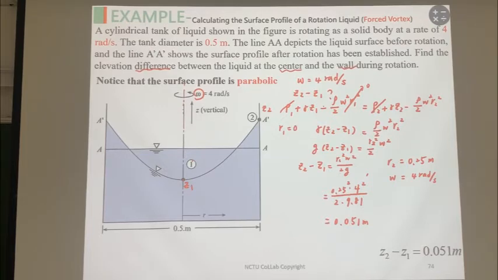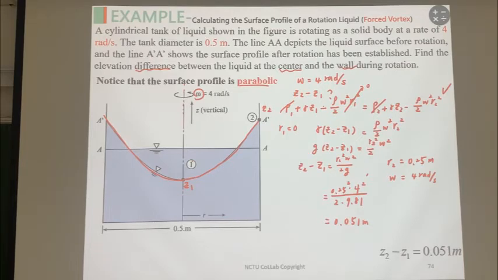Okay, so the key knowledge in here, we just follow the Bernoulli equations based on the rotating flow. So this is a very important equation. And second, as you see the function in here, this is a liquid surface line, and the shape looks like a parabola.